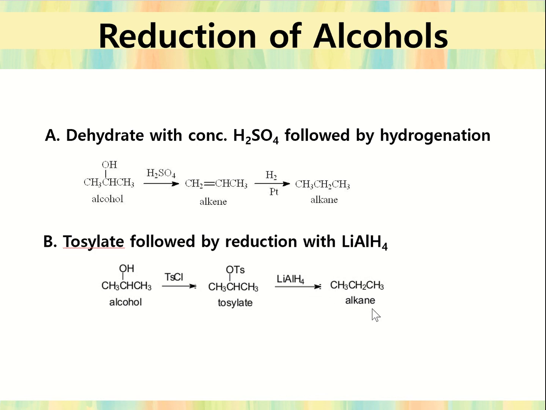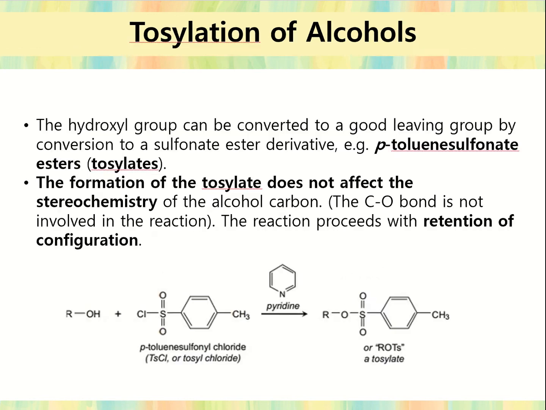So clearly we have seen here two methods of reducing alcohols to alkanes. One via dehydration and hydrogenation, the other, to form our tosylate, and then reduction with lithium aluminum hydride to form our alkane.